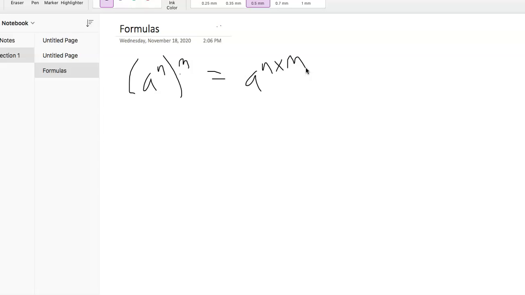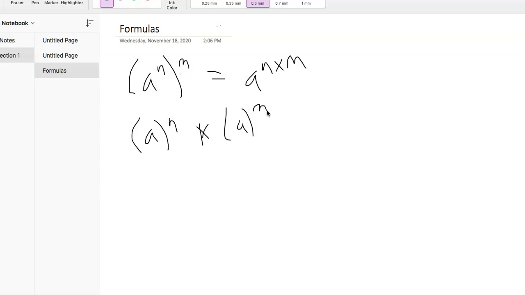People sometimes get that confused with what we did first when we were multiplying exponents, like a to the n times a to the m.